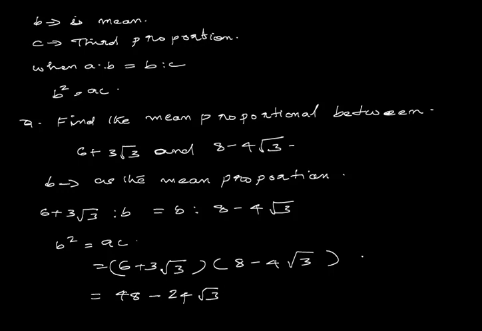Now multiply the next term from the left bracket with the right bracket. That's plus 3 root 3 into 8, that is plus 24 root 3. Then plus 3 root 3 into minus 4 root 3, that is minus 12 root 3 into root 3, that's 3.